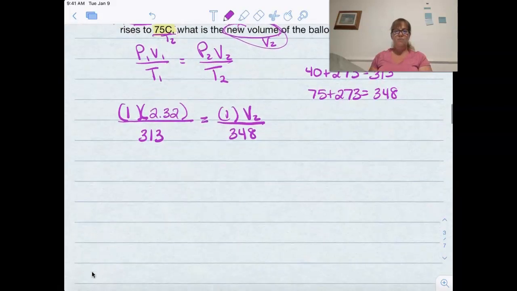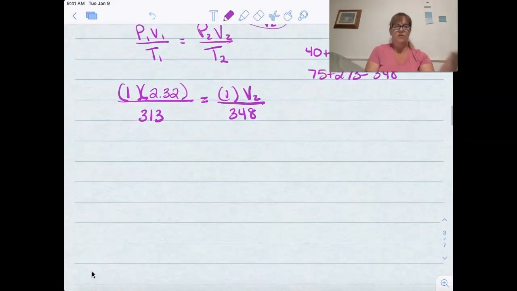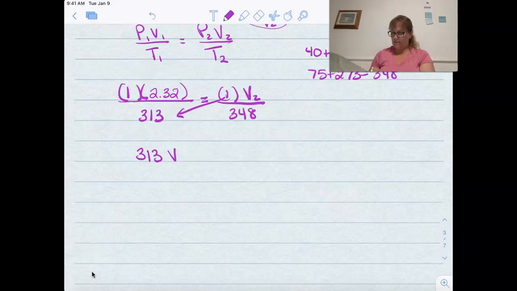Okay, so now we have this problem to solve. I personally think when you're dealing with ratios like this, proportions like this, the easiest way is to cross multiply them no matter which variable you're solving for. So that means we would have 313 V2 equals 2.32 times 348.